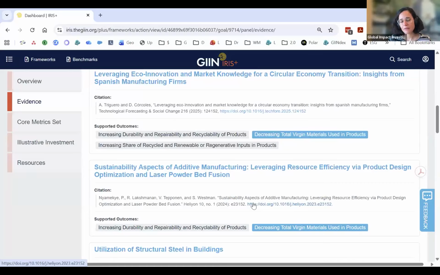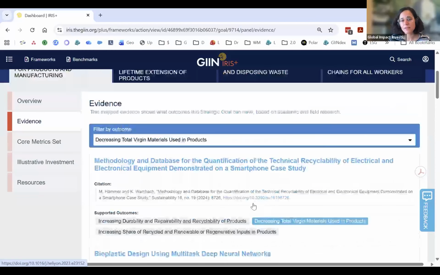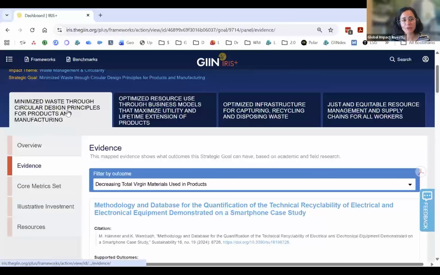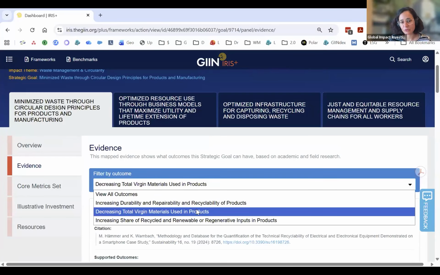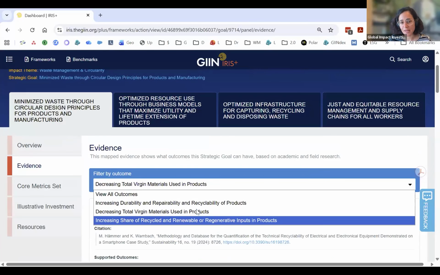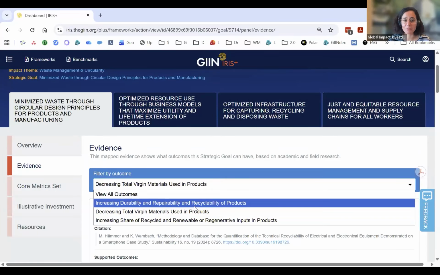So these are really advanced case studies, methodological papers, or papers that focus on specific aspects of the topic, but really address how minimized waste through circular design principles for products manufacturing is supported by decreasing total virgin material use, increasing share of recycled and renewable or regenerative inputs in products, and increasing durability and repairability and recyclability of products.